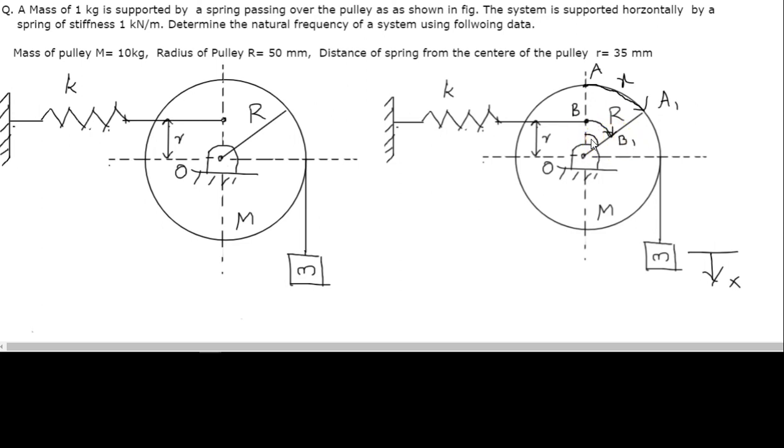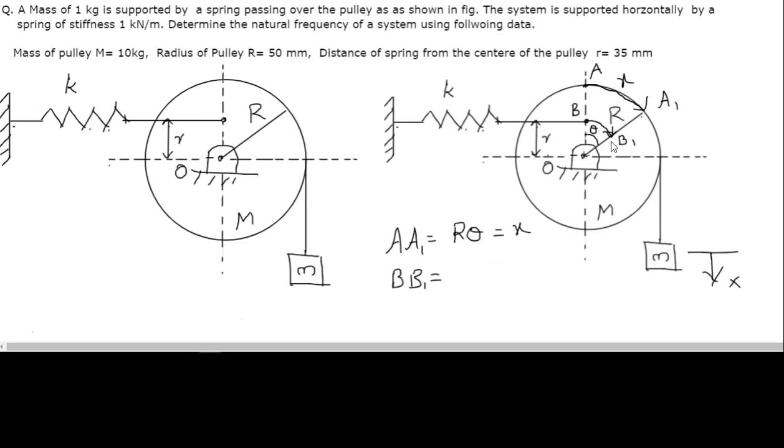Let this be an angle theta. So taking the radius and arc length equations, we can write A1 is equal to R times theta, because R is the radius of the pulley, and that is equated to x. Similarly, B1 can be written as, since the distance r is given here, that will be the same as this radius, because that is the vertical from the horizontal line of the spring towards the center line of the pulley.